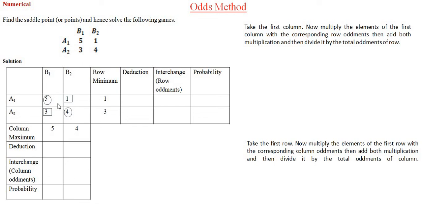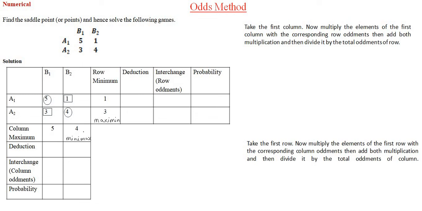Next, column wise, the column maximum for the first column is 5, and for the second column, the column maximum is 4. Out of the row minimums, this is our maximin, and out of the column maximums, this is our minimax. Since maximin is not equal to minimax, there is no saddle point.